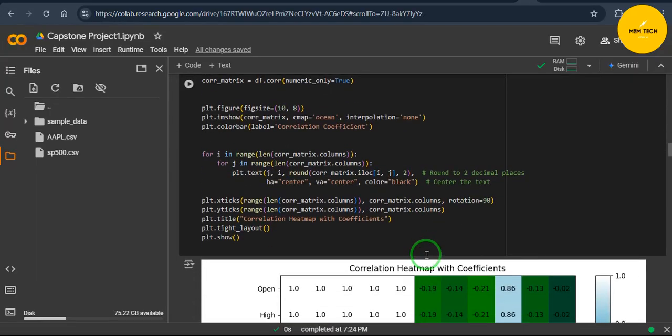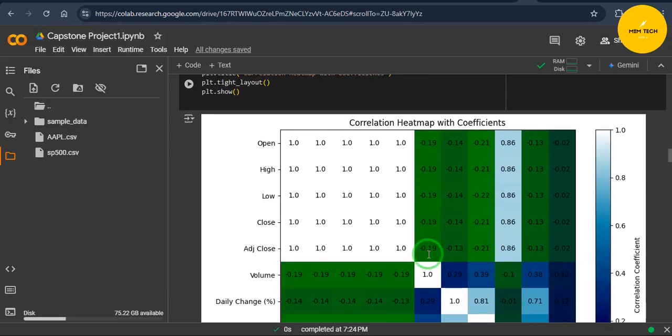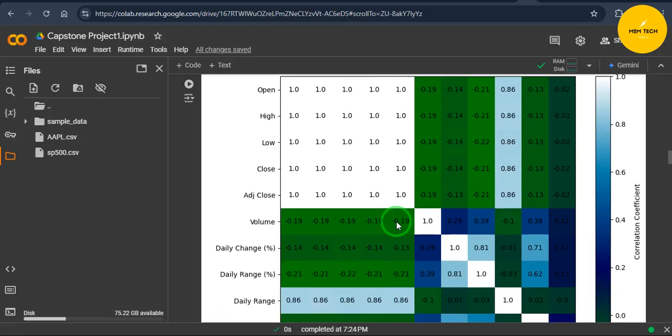Next, I explored correlation between variables to uncover relationships in the data. Opening, closing, and high-low prices are almost perfectly correlated, as expected. There is a weak negative correlation between volume and prices, suggesting that high trading volume doesn't always mean higher prices.